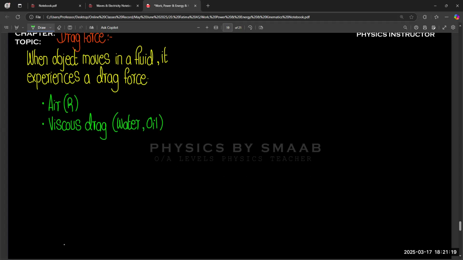One we use in air resistance, and the other we use in liquids like water, oil, glycerin, etc. So we use this type of viscous drag in the liquids.